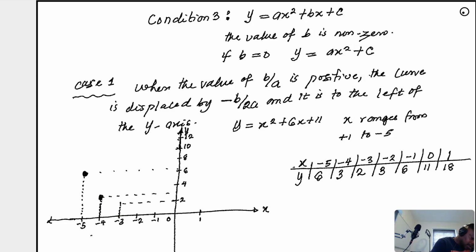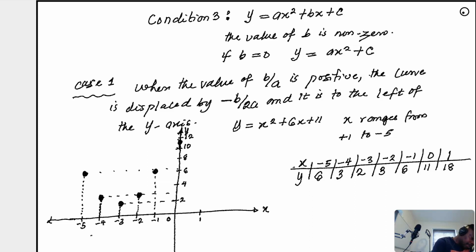We have a dot here. When x is minus 2, y is 3. We have a dot here. When x is minus 1, y is 6. We have a dot here. When x is 0, y is 11. This simply means here. And when x is 1, y is 18, so it goes up.